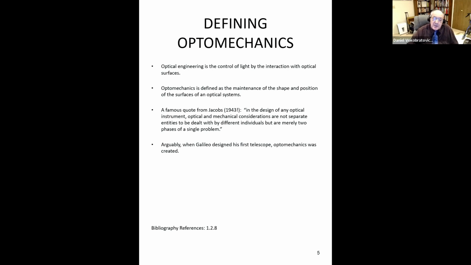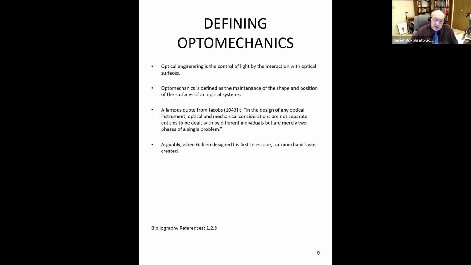We're trying to keep those surfaces in their correct shape and position, regardless of the environment, temperature, vibration, and so forth. So that's a little bit like saying that civil engineering is about designing structures that are in static equilibrium, but it's a good philosophical start for optomechanics. There's a famous quote from Jacobs made way back in 1943. He wrote a book on optical engineering, which is mostly about optomechanics.